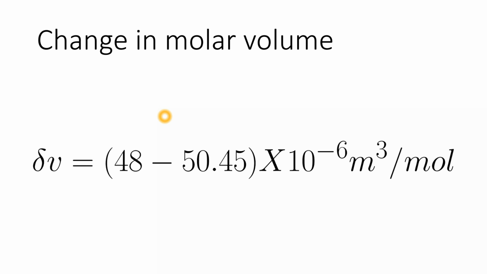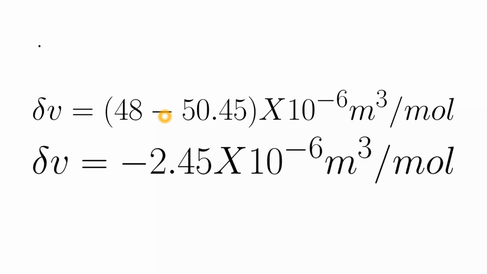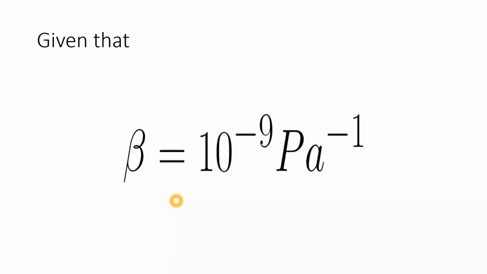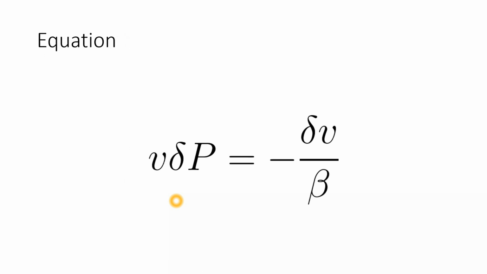So we get ΔV = -2.45 × 10^-6 m³/mol. Again, we are given beta = 10^-9 Pa^-1.